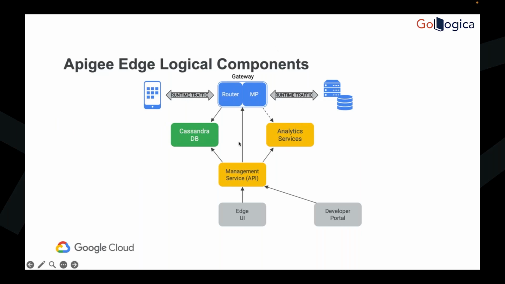Now, the whole APG platform itself is available as an API. For example, if you want to make any change in Cassandra, any configuration, you cannot do it directly. It is not allowed. Everything you want to do is available as an API. Even adding more MPs, adding more routers, everything is available as an API.